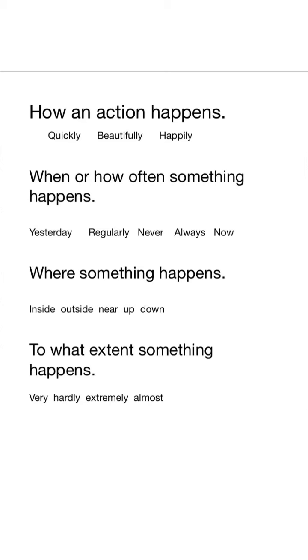To what extent something happens? The meaning of extent is the range over which something extends, like very angry, extremely happy. The work is almost done. That news is hardly surprising.